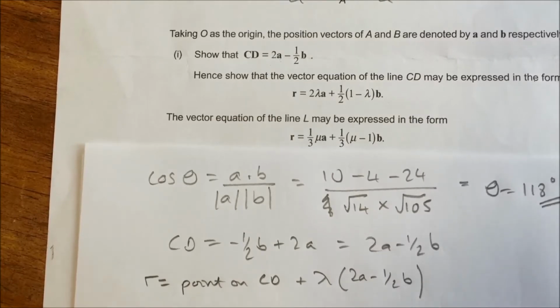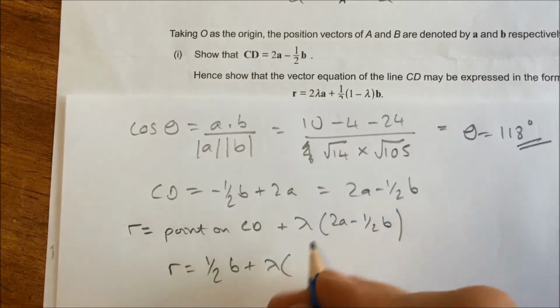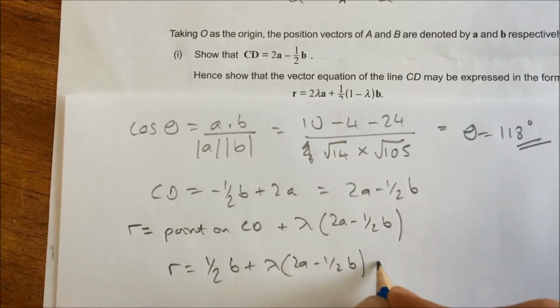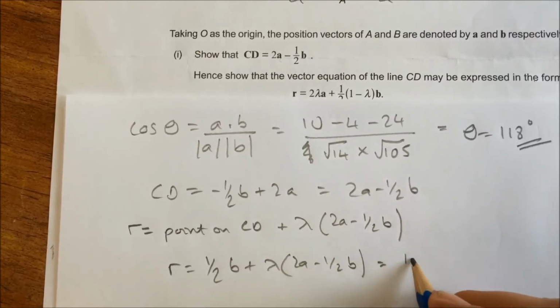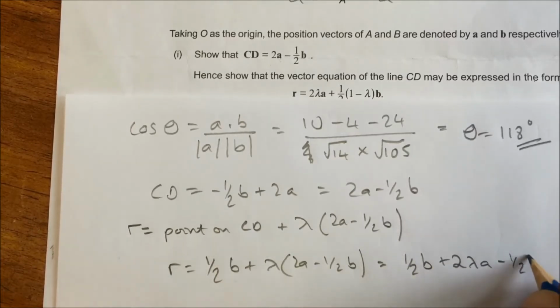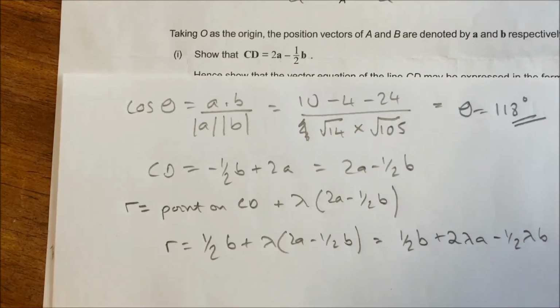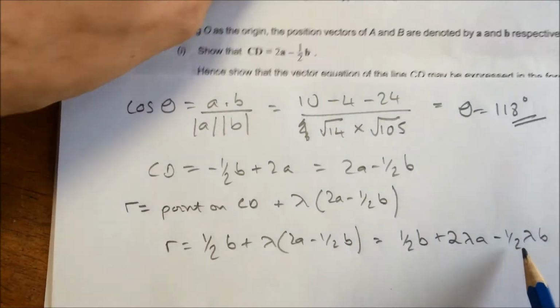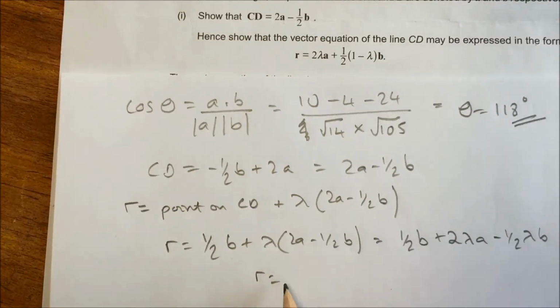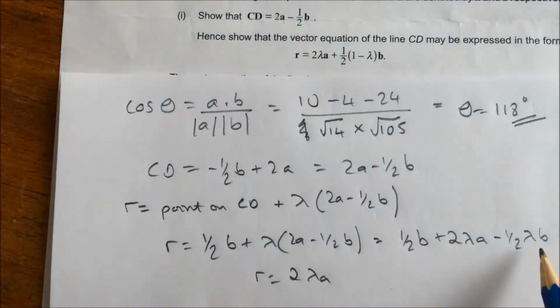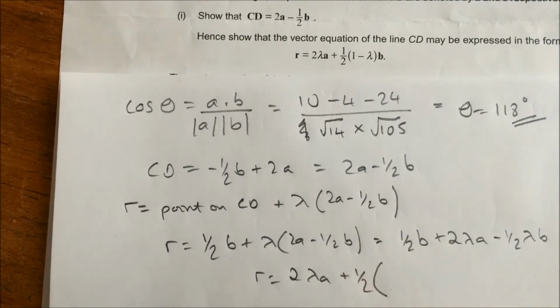Well, let's take our point on CD as point C, which we've obviously worked out is a half B. So we can say R is a half B plus lambda, 2A minus a half B. If I multiply that out, I get a half B plus 2 lambda A minus a half lambda B. And then if I tidy this up and factorize it into the form they want, that gives me R equals 2 lambda A, bring the half out, plus a half, 1 minus lambda, and that's all multiplied by the B there.